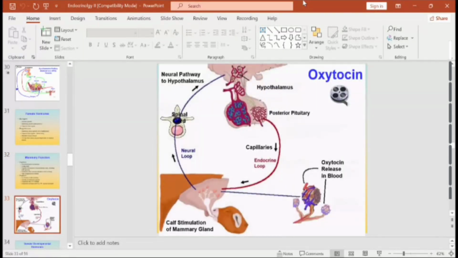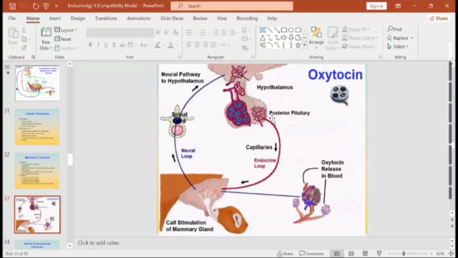So this is a diagram that I stated initially, that we have a nipple, and a physical stimulation of the nipples, as for example, when a baby suckles, will cause an impulse to be sent from the nipple into the spinal cord and all the way into the hypothalamus. At the hypothalamus, it will cause a synthesis and release of oxytocin, which we said occurs at the hypothalamus, and it will be released into the posterior pituitary gland.